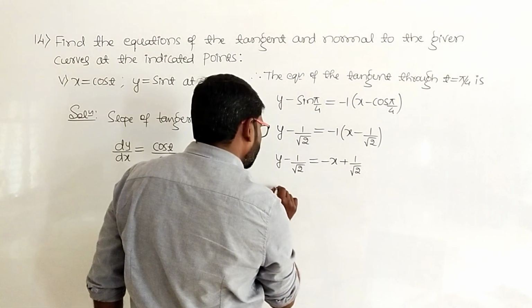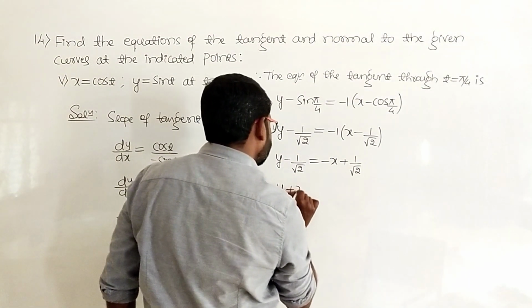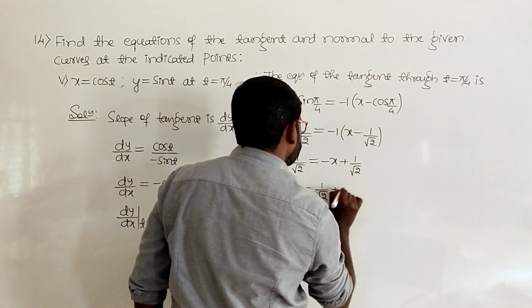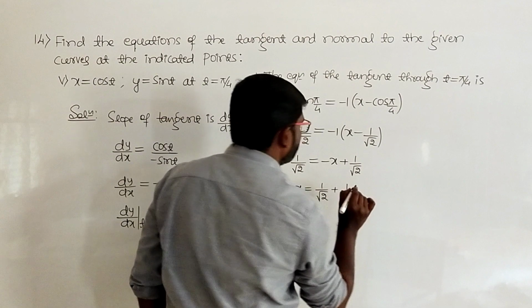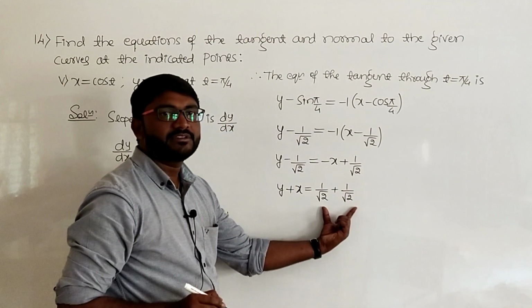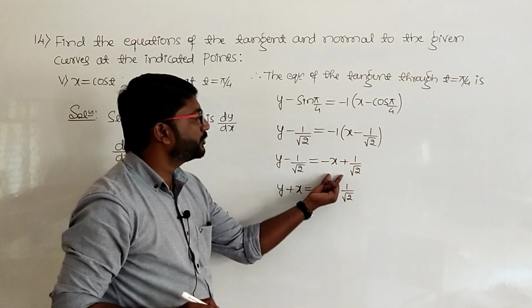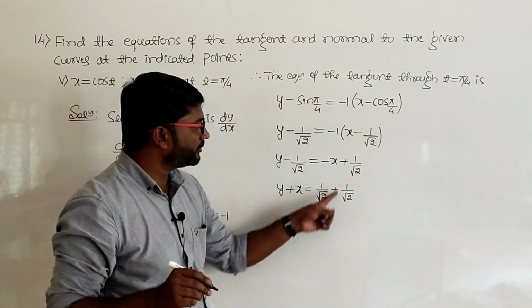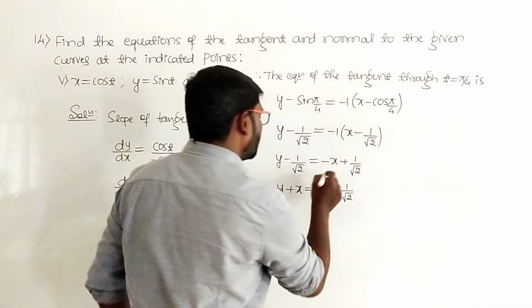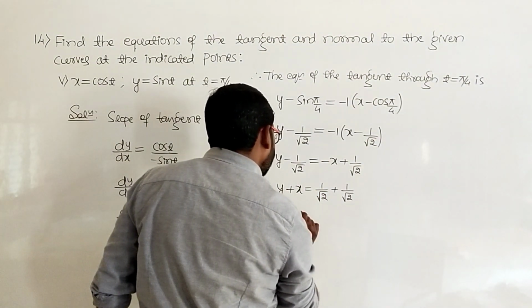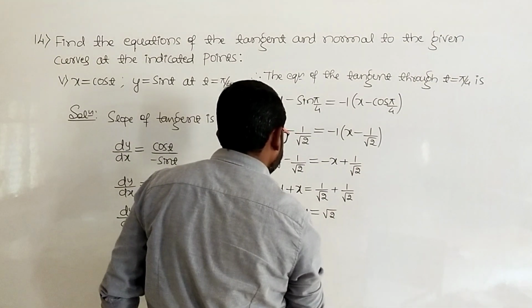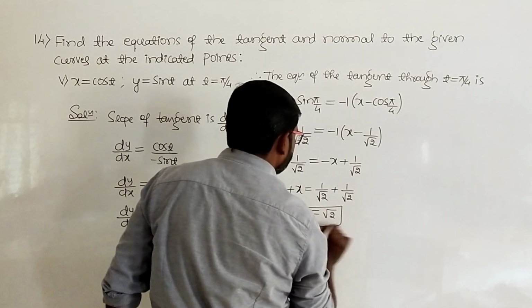So you get y plus x equals 1 by root 2 plus 1 by root 2. Here the denominator is the same, which means the numerators will be added up. We get 2 by root 2. How do you write 2? It is root 2 into root 2. So root 2 cancels, and you have only root 2 in the numerator. So y plus x equals root 2. So this is the required equation of the tangent.